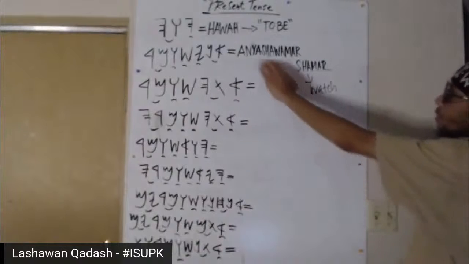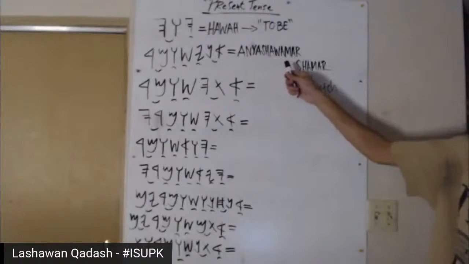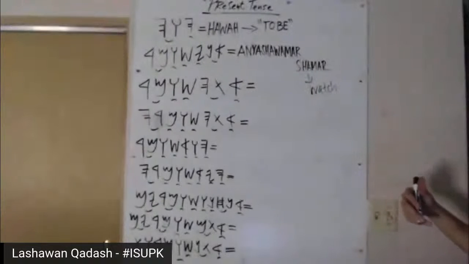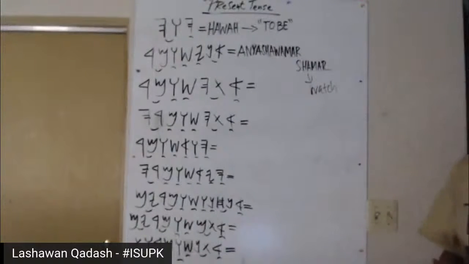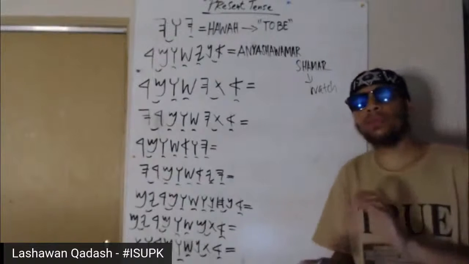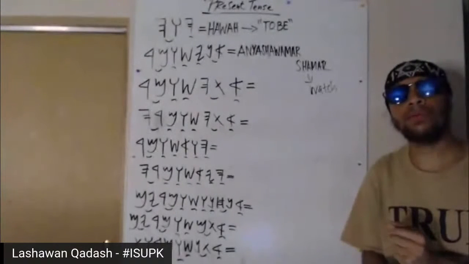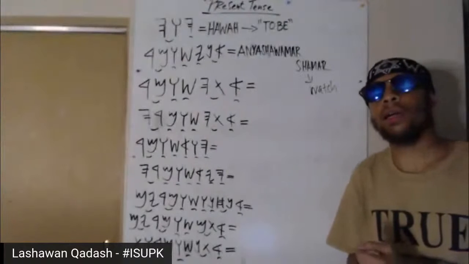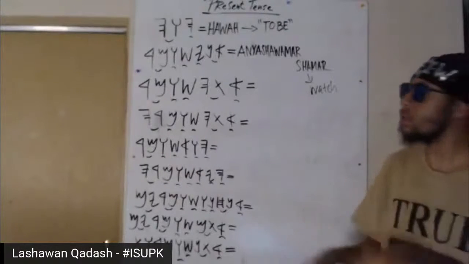Now, the reason why the prefix is there is that it's kind of like a statement, like anya, or like and, A-N-D, and.